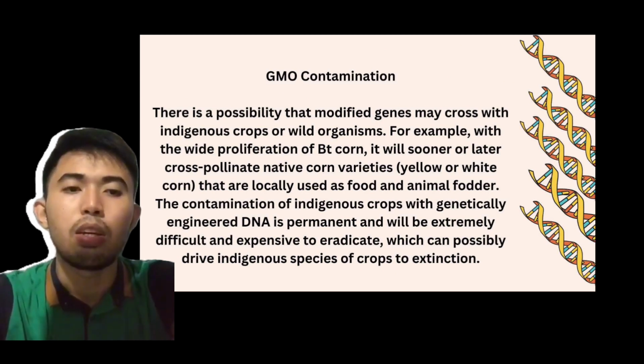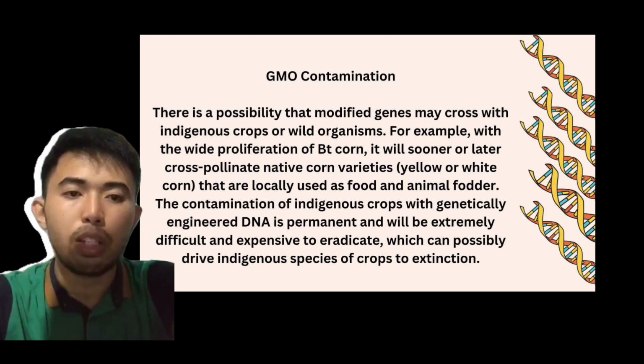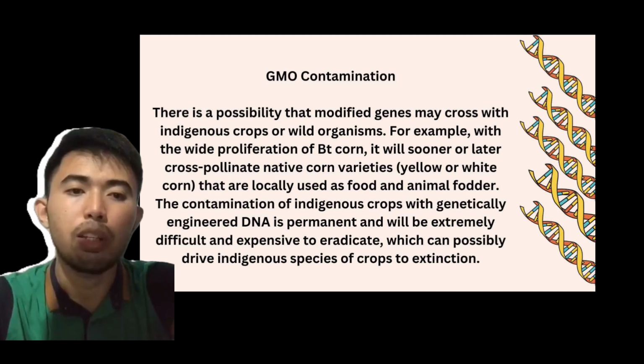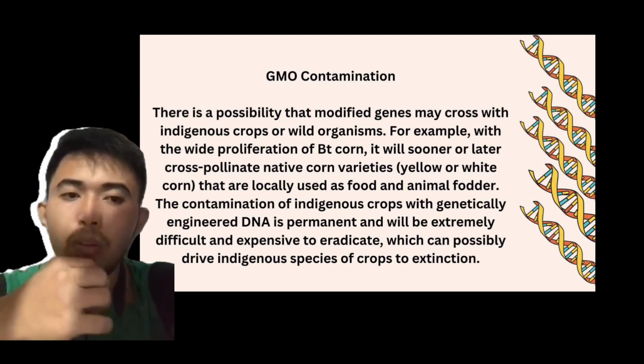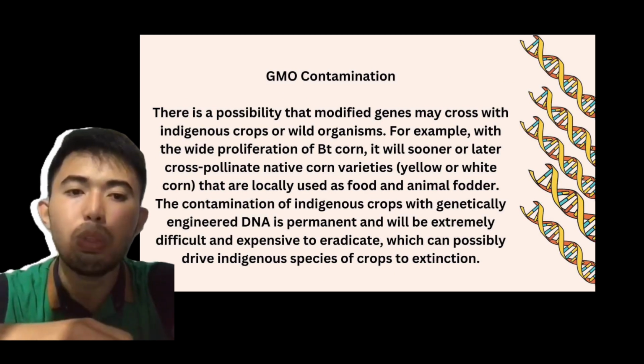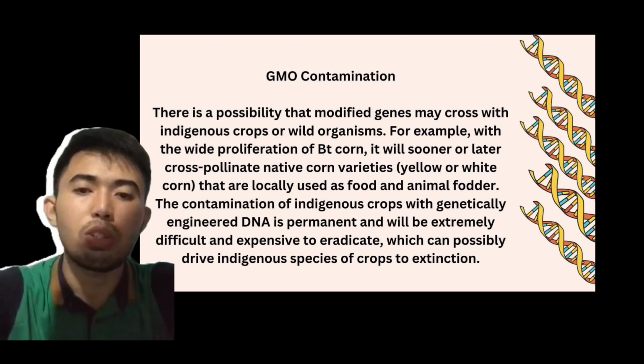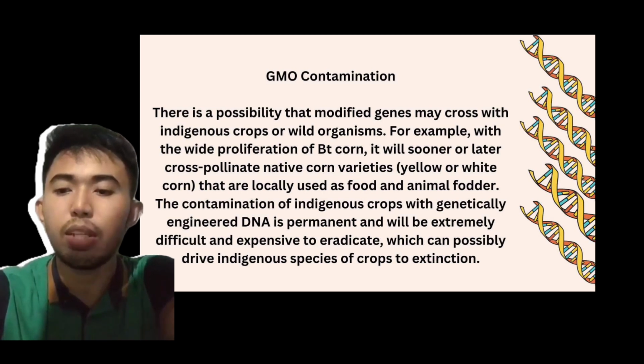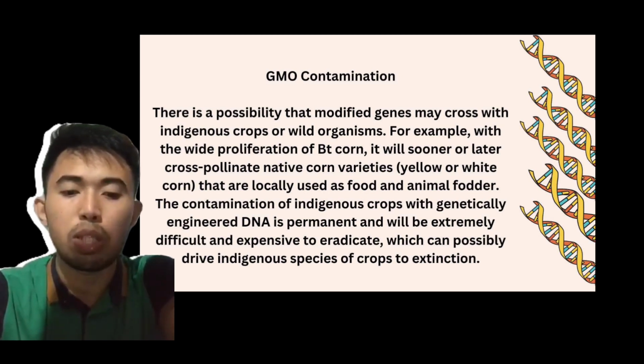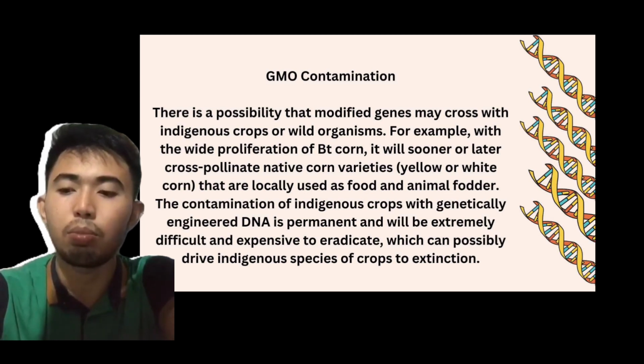For example, wide populations of Bt corn will sooner or later cross-pollinate native corn varieties or yellow corn that is locally used as food and animal fodder. The contamination of indigenous crops with genetically engineered DNA is permanent and will be extremely difficult and expensive to eradicate, which can possibly drive indigenous species or crops to extinction.